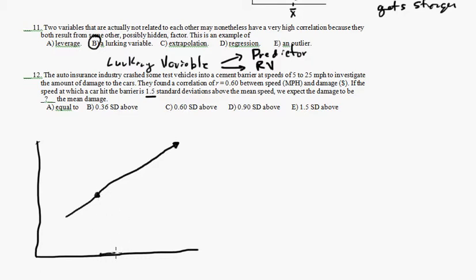So if you move 1 standard deviation in x, and then instead of moving another one, you only move halfway, 0.5, what happens? How much do you go up?